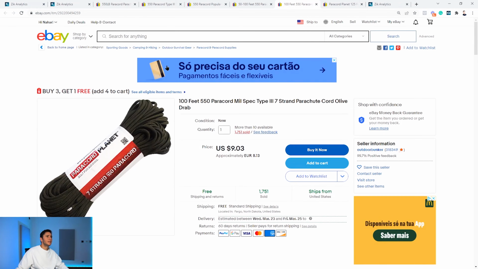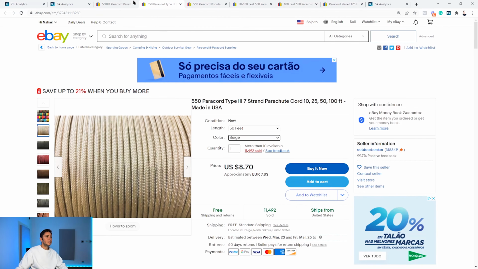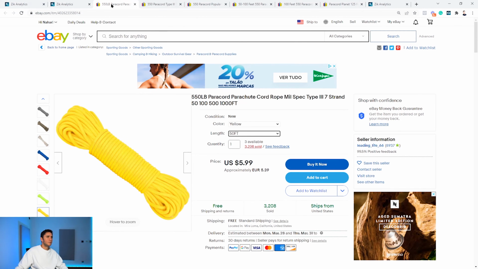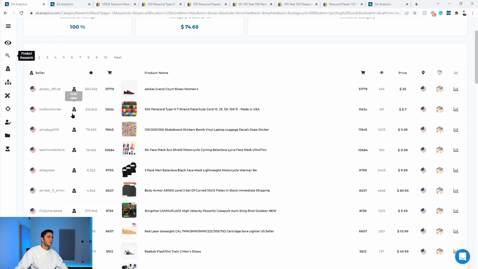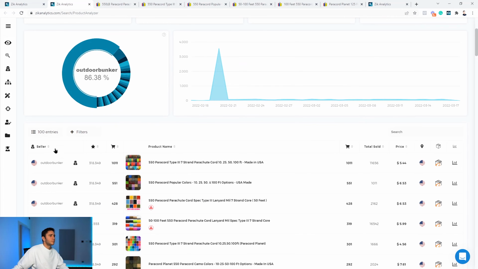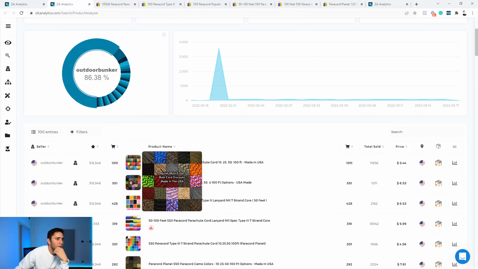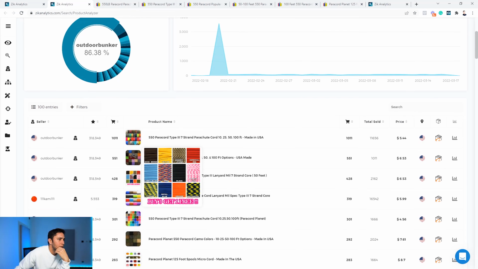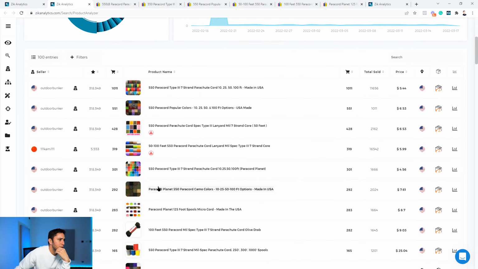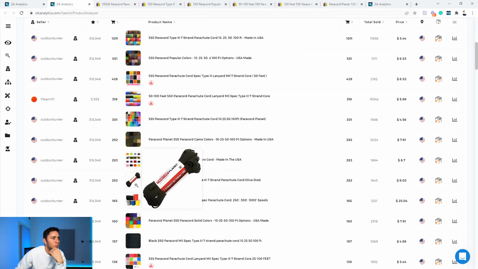And once we went through all the listings, we understand something. If you look at this seller, Outbanker, he's putting a lot of different kinds of listings. So we have the one multi-variation color, plain color, multi-colors, another type of multi-colors. Then you have just this one listing without even variation.